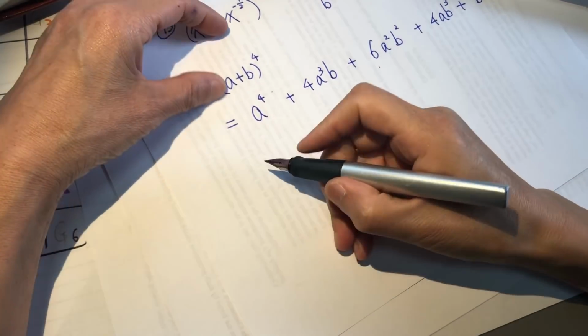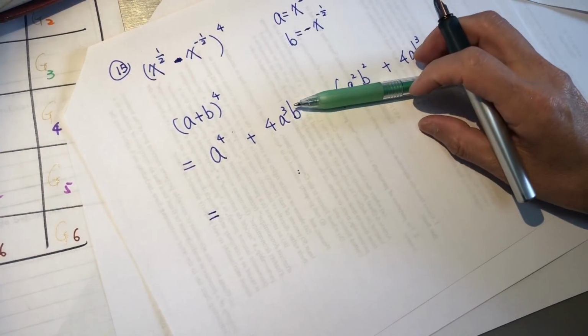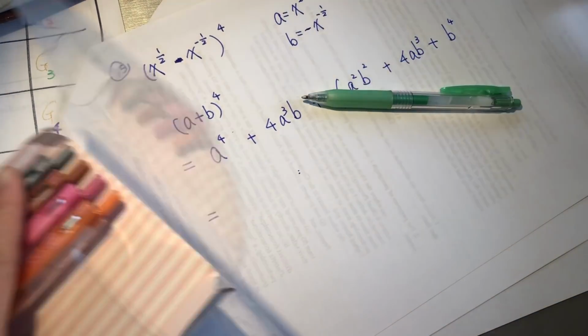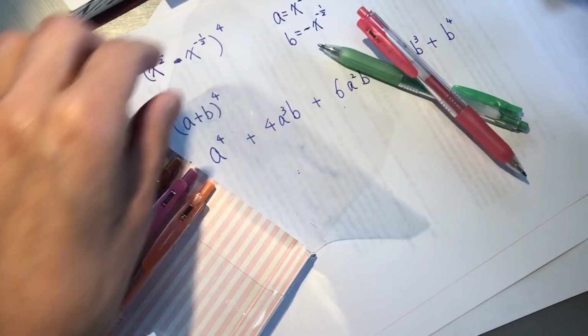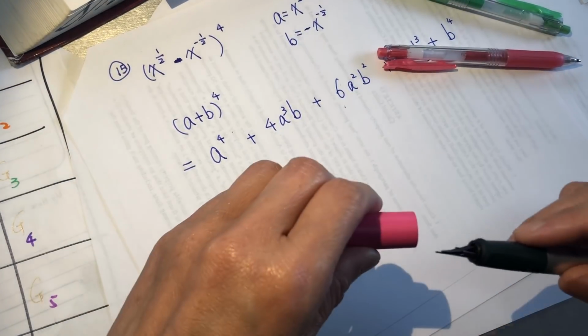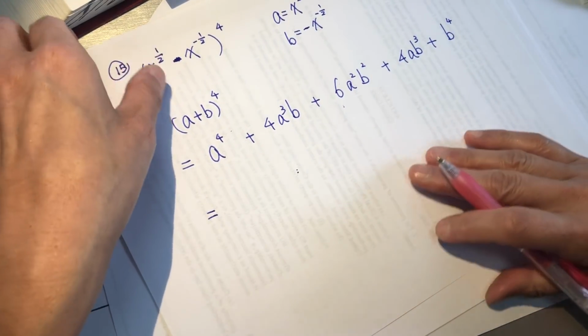Now we change back. A we use, I have some different colors, red and pink. Which one do we use as a? A use red, okay? A to the power of 4.